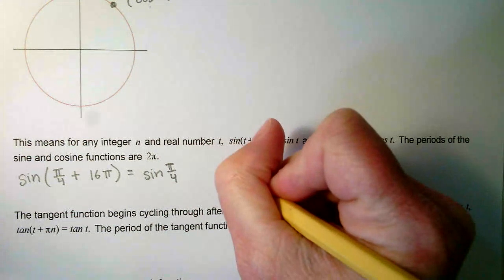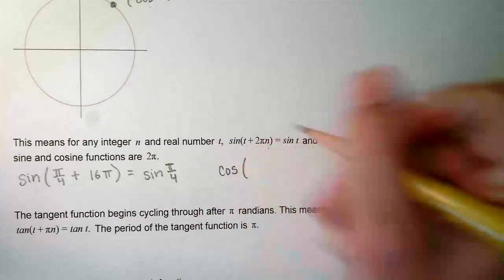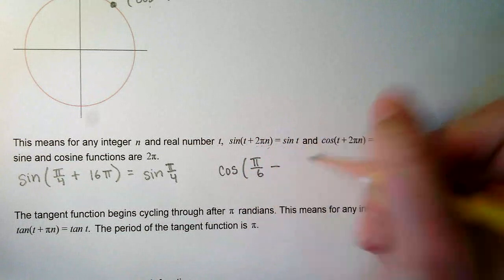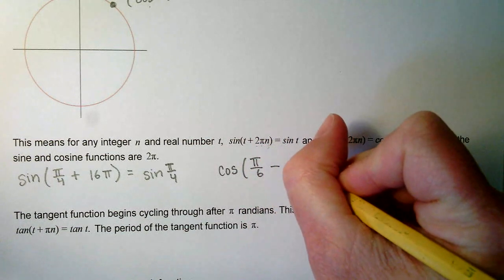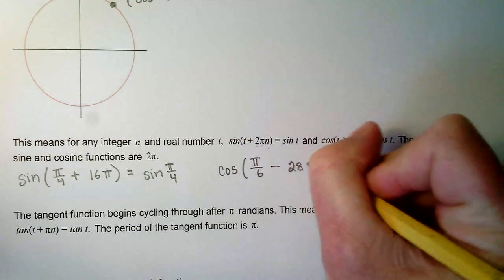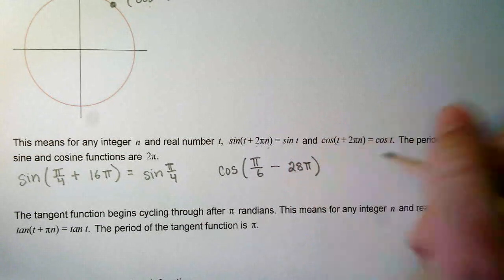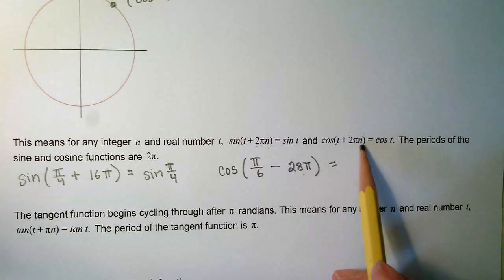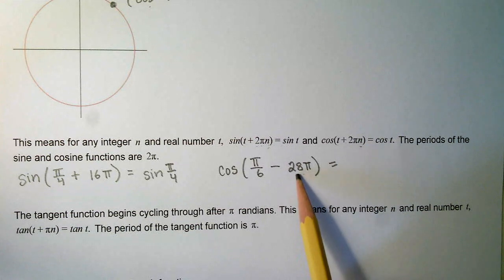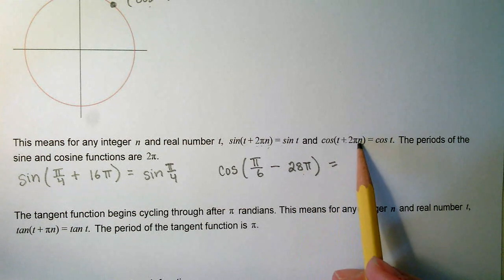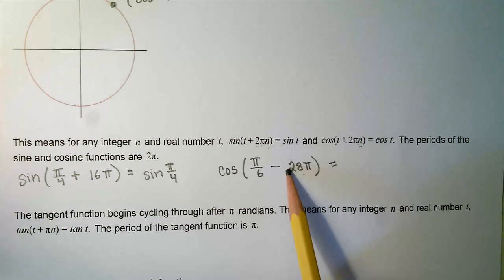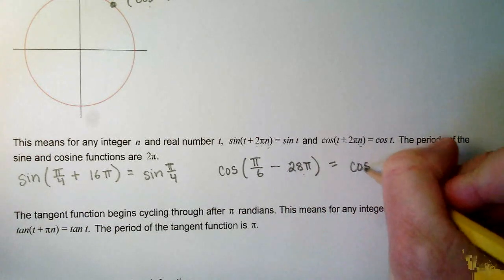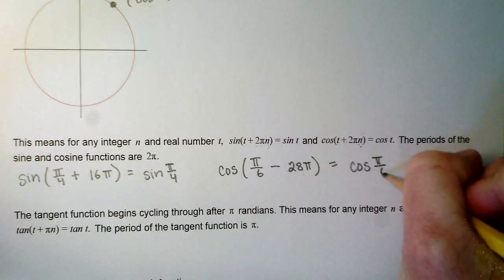And if I have cosine of pi over 6 minus 28 pi, here my n would be -14 because 2 times -14 would give me the -28. Then this is equal to cosine of pi over 6.